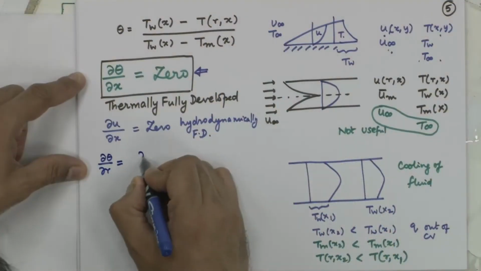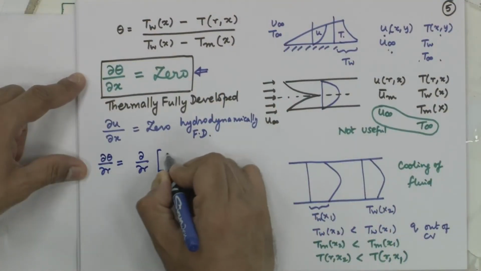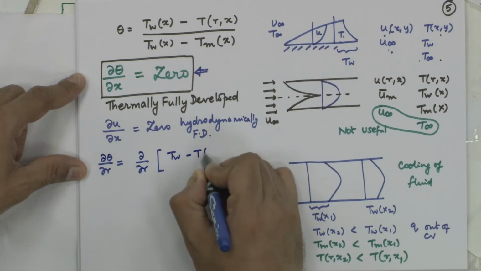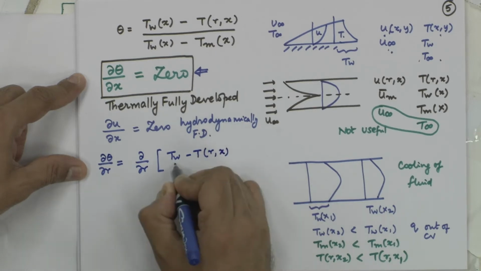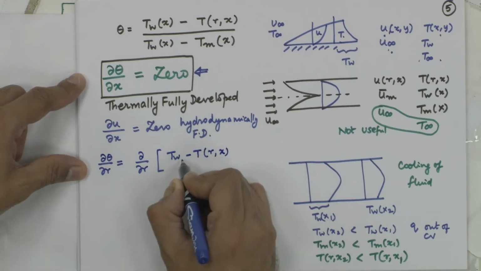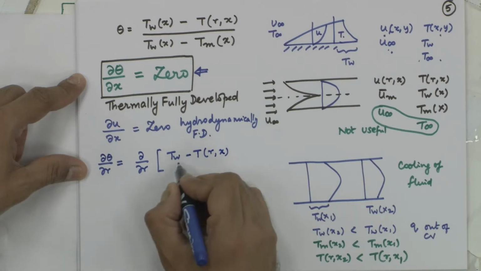That means this quantity's derivative with respect to r must also be independent of x. So, I can write d theta by dr, which is d by dr of T wall minus T local over T wall minus T bulk mean. I am dropping the subscript x everywhere, because that is understood.